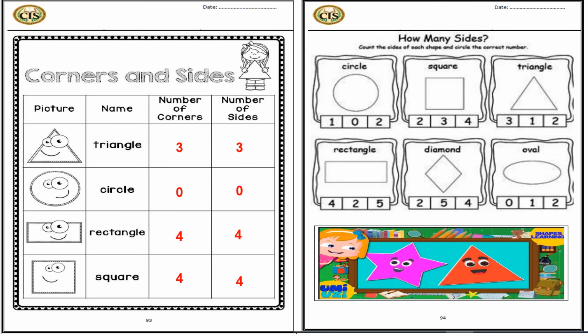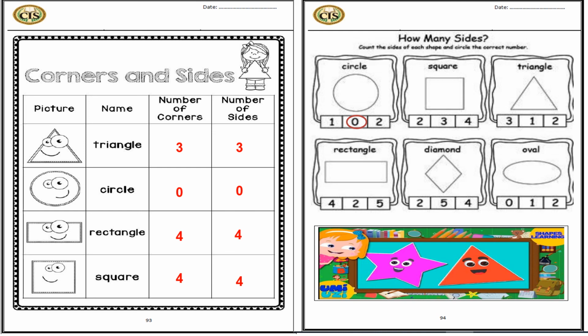Now let's move to know how many sides are in each of these shapes. First shape is circle. Let's choose the correct answer. How many sides in the circle? 0. Excellent. And how many sides in the square?